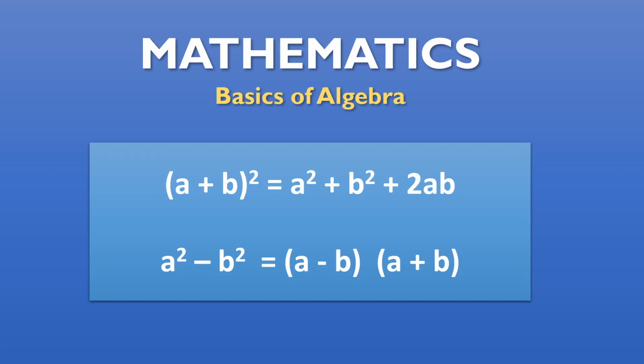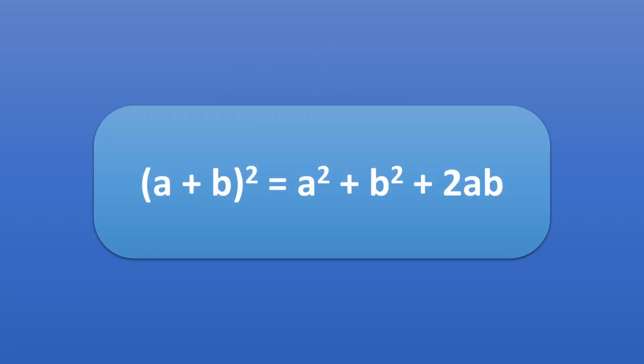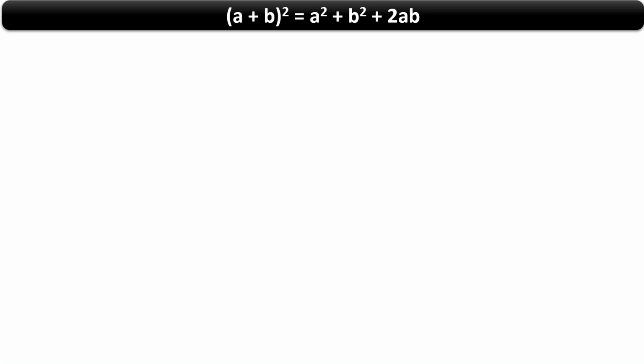Okay, let's take the first one, (a plus b) whole square, right? Let's take the left hand side, (a plus b) whole square. Let me draw a line whose side is a and another line whose side is b, right? Now we have two sides a and b in the same straight line.